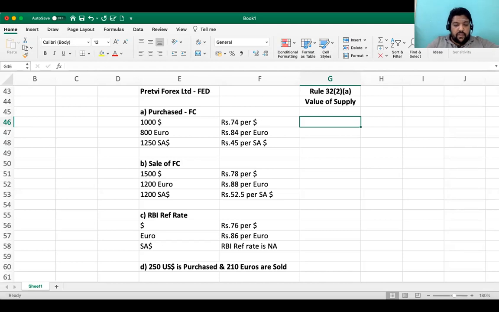Then value of supply for euro, what is your answer? Then value of supply for South African dollars, what is your answer? You can give in that order or whatever order you want.